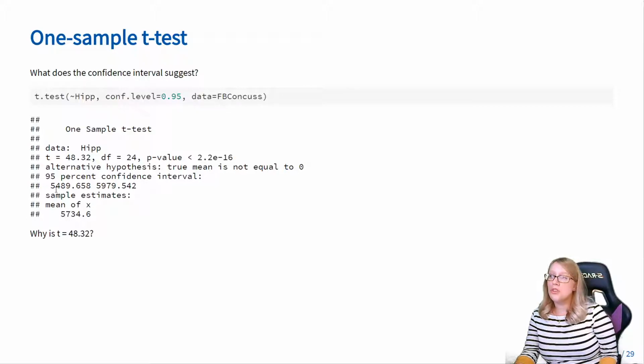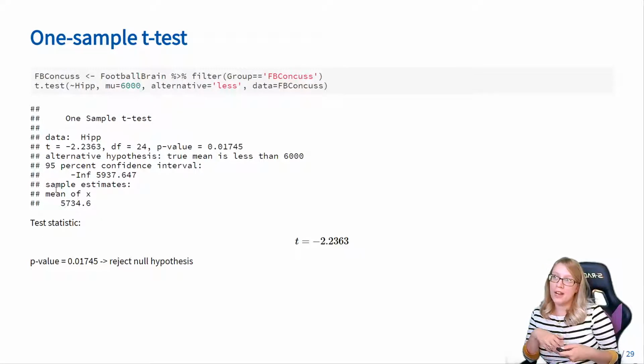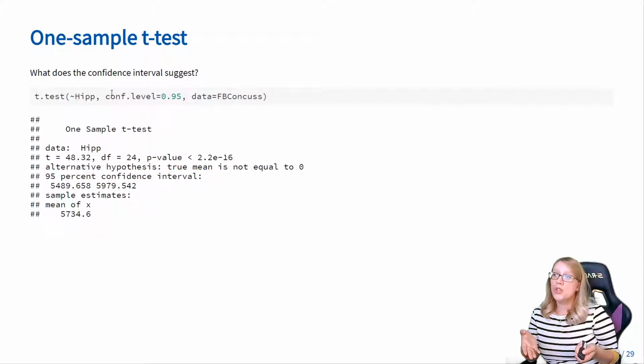Now, you may be wondering why this t is 48 here. Here's why. If you don't write this mu argument, R by default will assume that your null hypothesis is that the mean is equal to 0. So our sample mean is 48 standard errors away from 0.